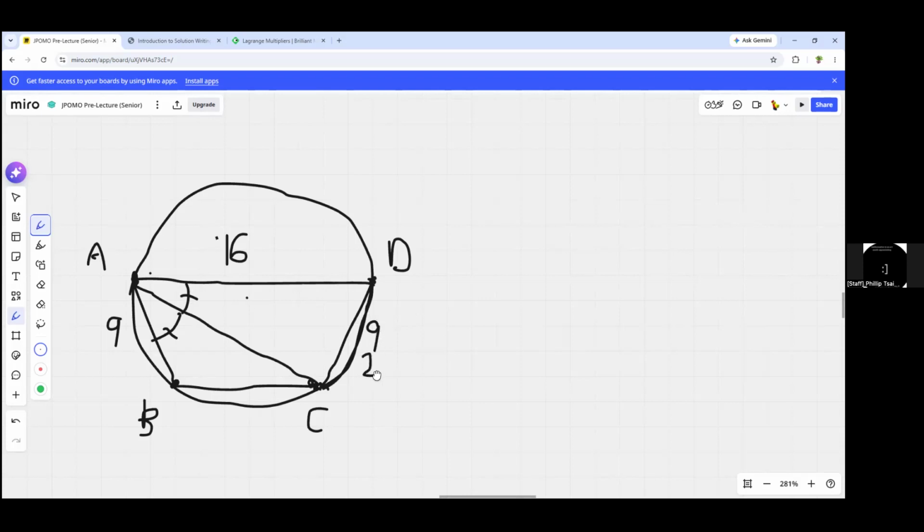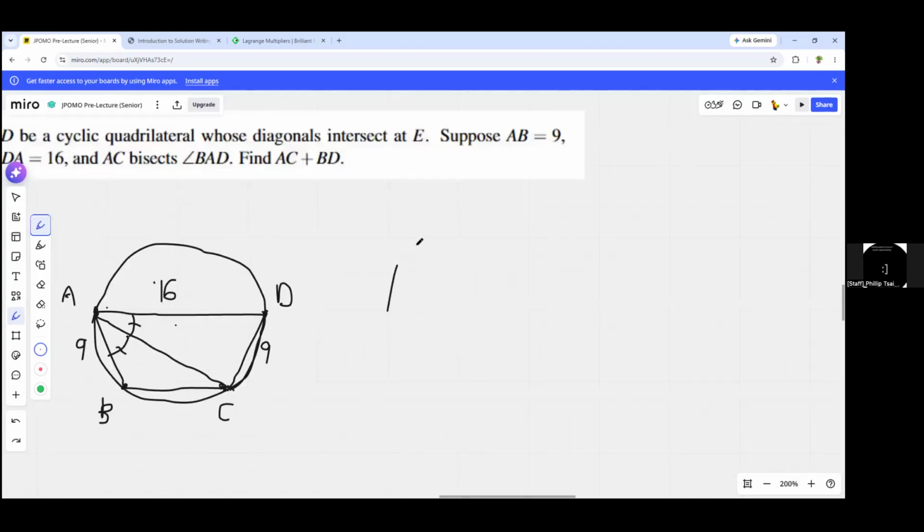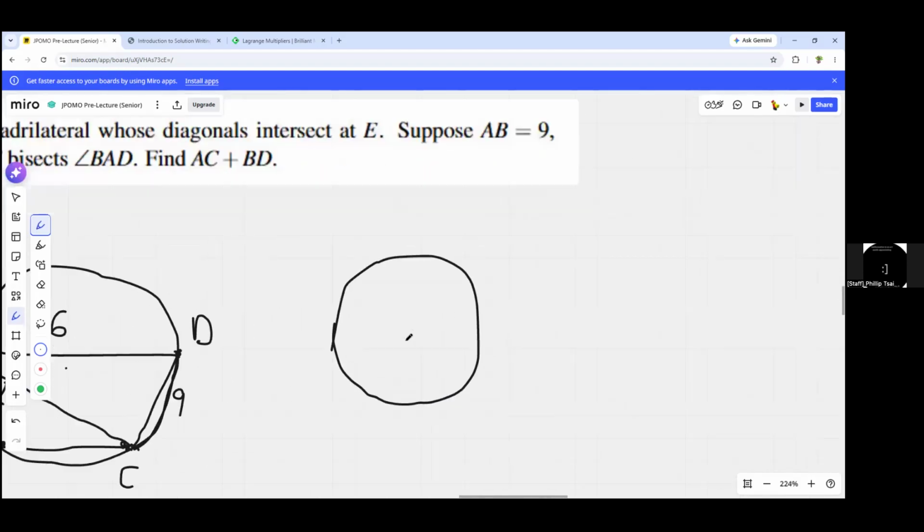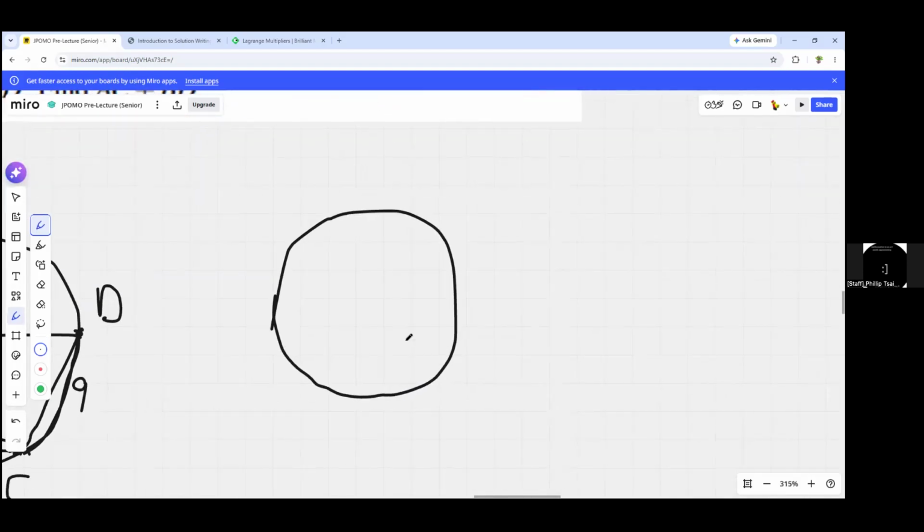It's a well-known fact that when an angle is inscribed in a circle, the arc subtended by the angle is twice that angle.